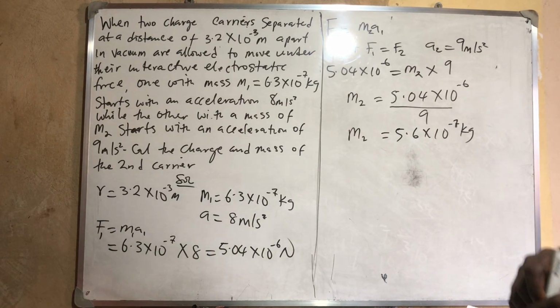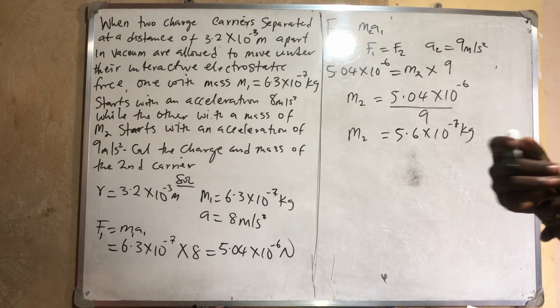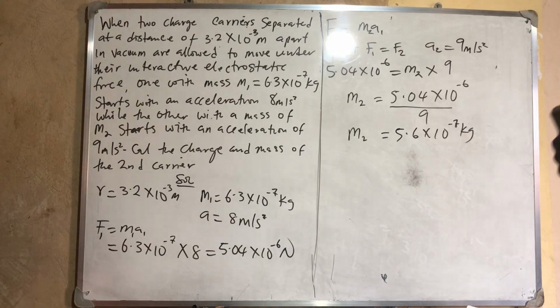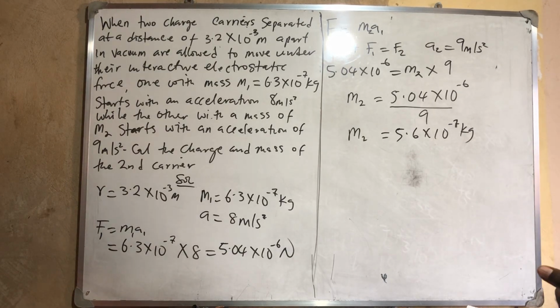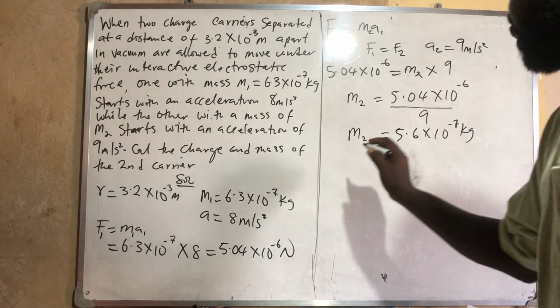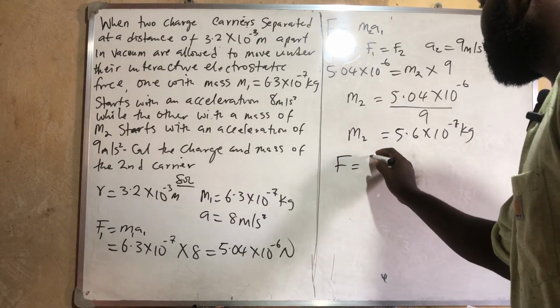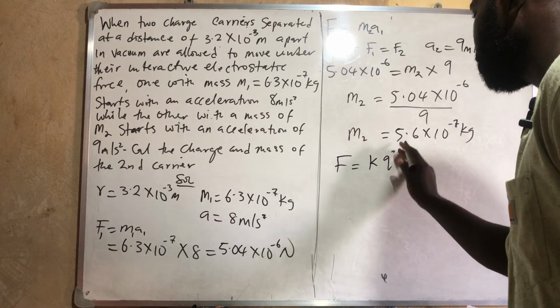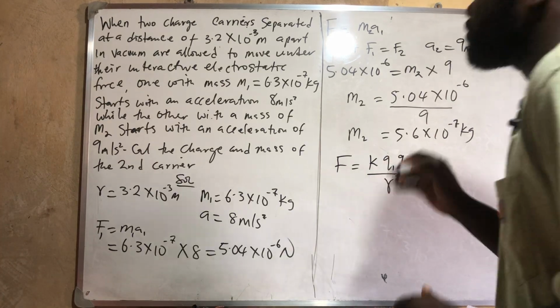So now the next thing they say we should calculate is the charge. Okay, how do you calculate the charge? For two charge carriers, don't forget that force is equal to k q1 q2 all over r squared.